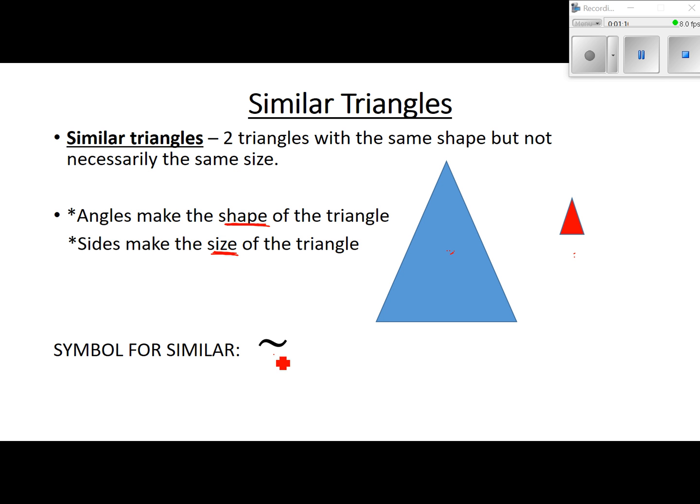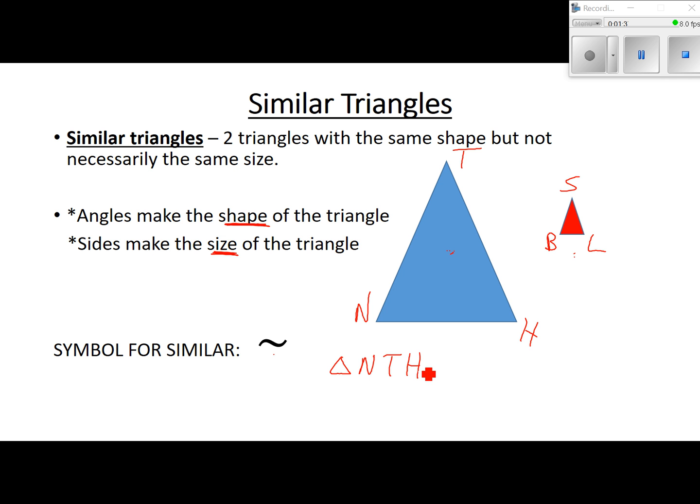So if this triangle maybe had some letters on it, something like that, and we wanted to say that these two triangles are similar, then we would just name the first triangle, triangle NTH.